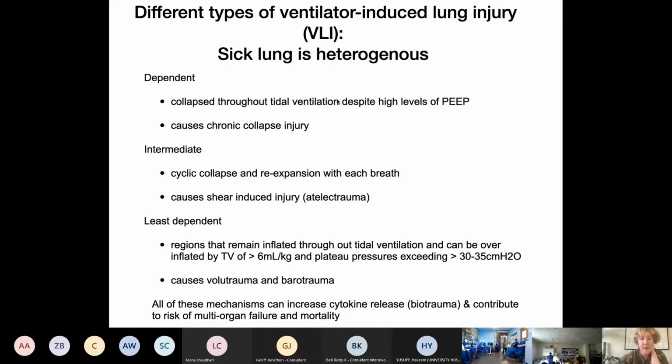And those least dependent parts, those bits of the lung that are doing a lot of the legwork, remain inflated throughout tidal ventilation, but they can be overinflated if you're delivering high tidal volumes and have high plateau pressures on the ventilator. And you're going to potentially cause volutrauma and barotrauma to those parts of the lung. And all these mechanisms can increase cytokine release and contribute to the risk of multi-organ failure and mortality.